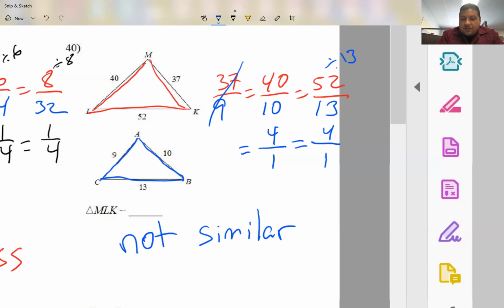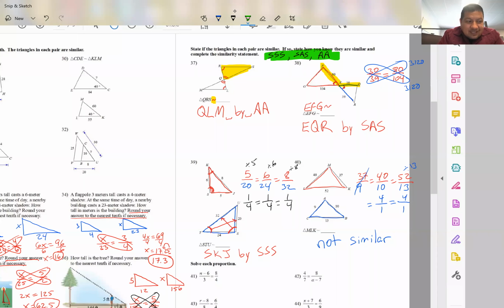Going back to the rules that we can use, let me highlight it with green so it stands out. The rules that we can use are side, side, side; side, angle, side; or angle, angle. For side, side, side, if you look at number 39, all sides have to be proportional.